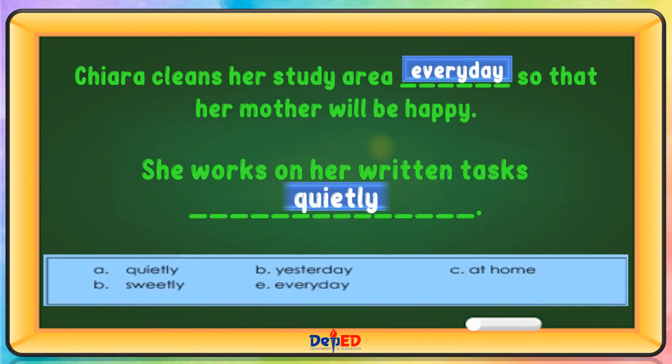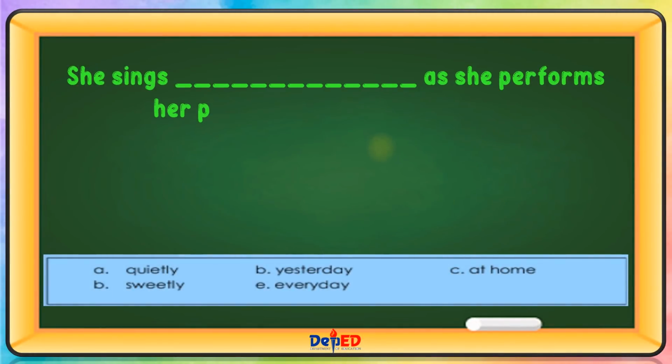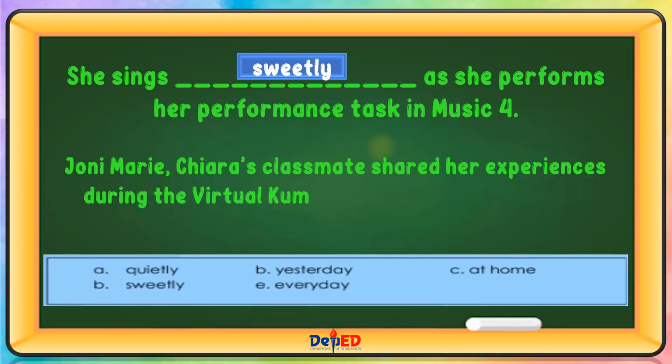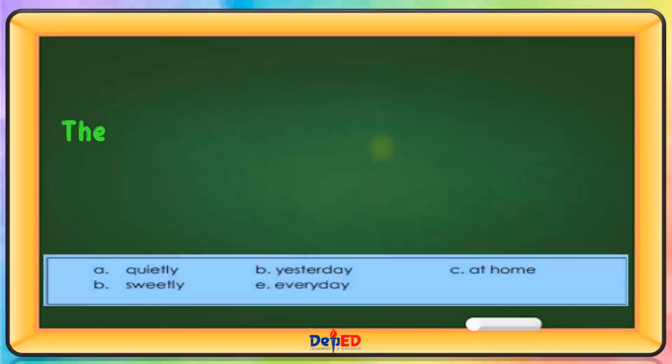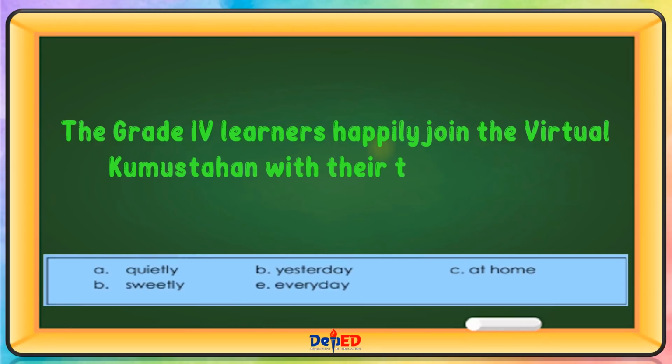Quietly, she sings blank as she performs her performance task in Music 4. Sweetly. Johnny Marie, Chiara's classmate, shared her experiences during the virtual Kumustahan blank. Yesterday, the grade 4 learners happily joined the virtual Kumustahan with their teachers while blank. At home.